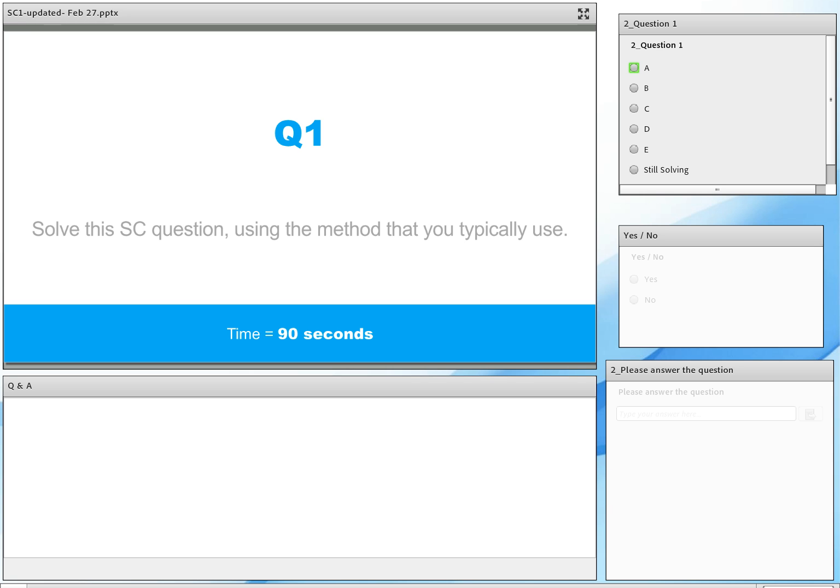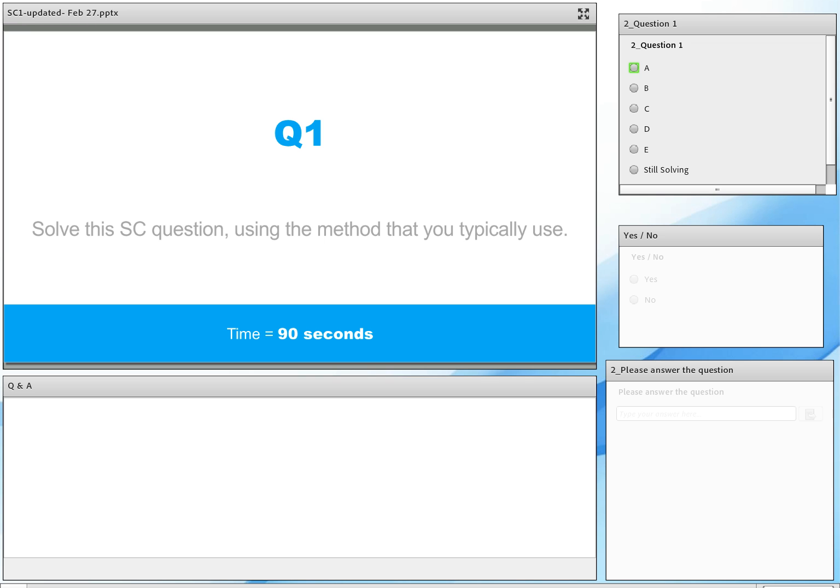That is going to let me know that you are going to be participating in solving this question. Again, about close to 180 people in here. So I want to see at least 125 still solvings in that poll. You will not be able to see that question until I get close to that 125. So I want to see lots of participation here. Once we get close to that number, I will reveal that question.